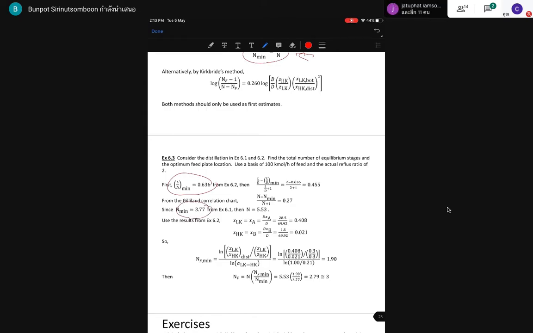Using the chart, you can get the actual N, the actual number of stages, and you also use this equation to find NF minimum, and then use this ratio relationship to find the actual NF. So that's the main point of chapter 6: to use the Fenske equation and Underwood equations as quick shortcut methods.